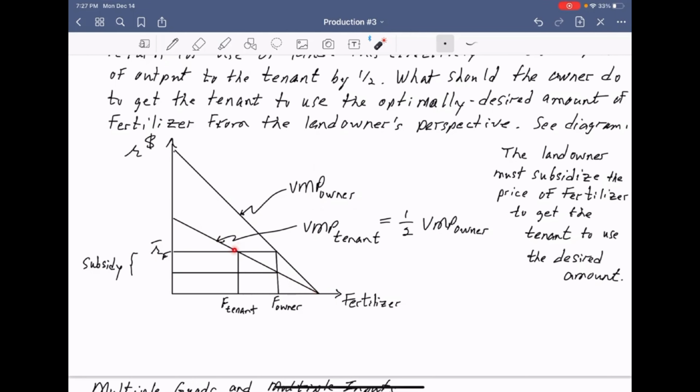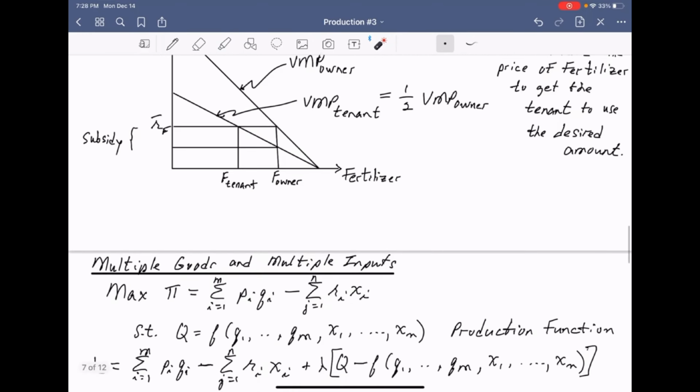So the tenant wants to use this amount of fertilizer, whereas the owner would like the tenant to use more fertilizer. So then the landowner would have to subsidize the tenant by this difference in order to get the tenant to use the amount of fertilizer that the landowner would desire.